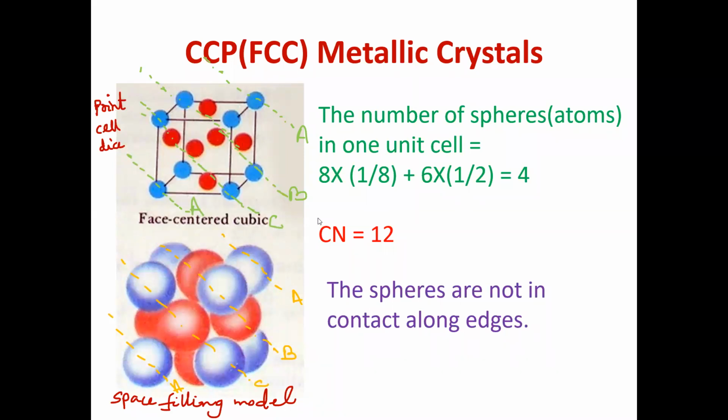It contains 6, right? 3 are sitting at the 3 face centers and 3 at the 3 corners. And this is C. Again, 3 are at the 3 face centers and 3 at the 3 corners, but they belong to one layer. It's not looking like that because it is a point model.